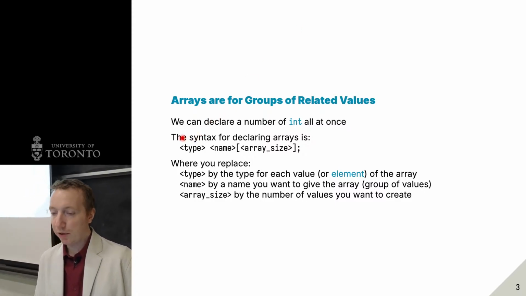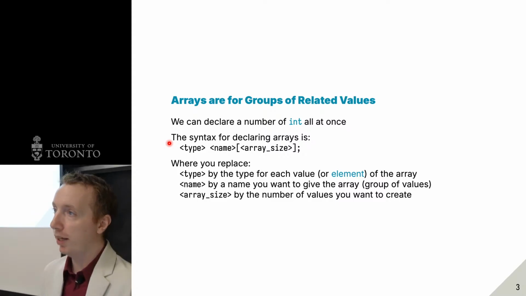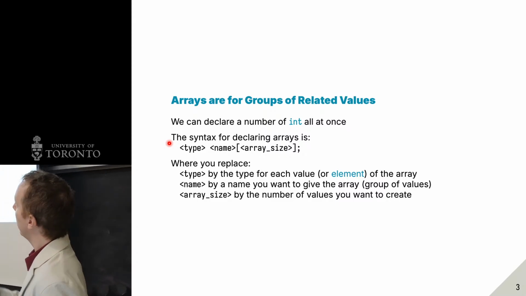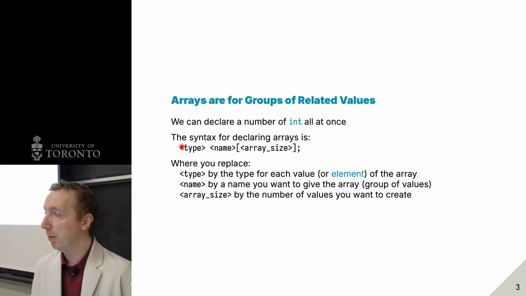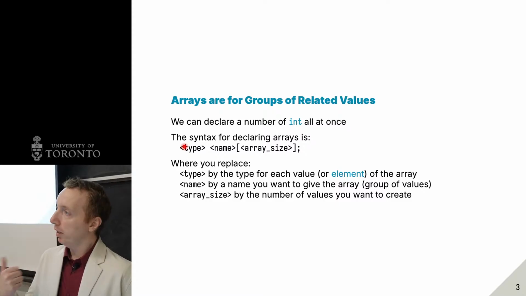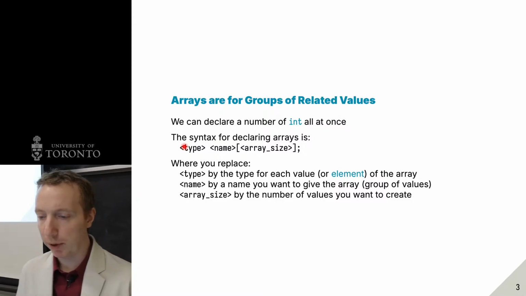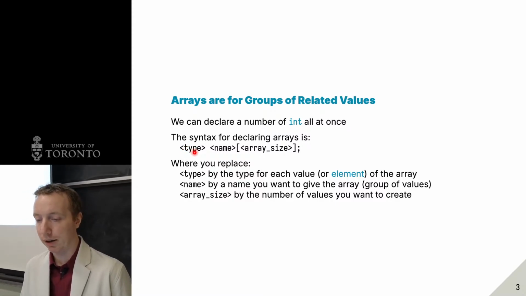So the syntax for declaring arrays, again, syntax is just the rules of C, looks a lot like a variable declaration, but now we have these square brackets. So at the beginning, we have the type, like before. Int, char, double, or bool is what we know so far, and pointers to all those with the little asterisks.